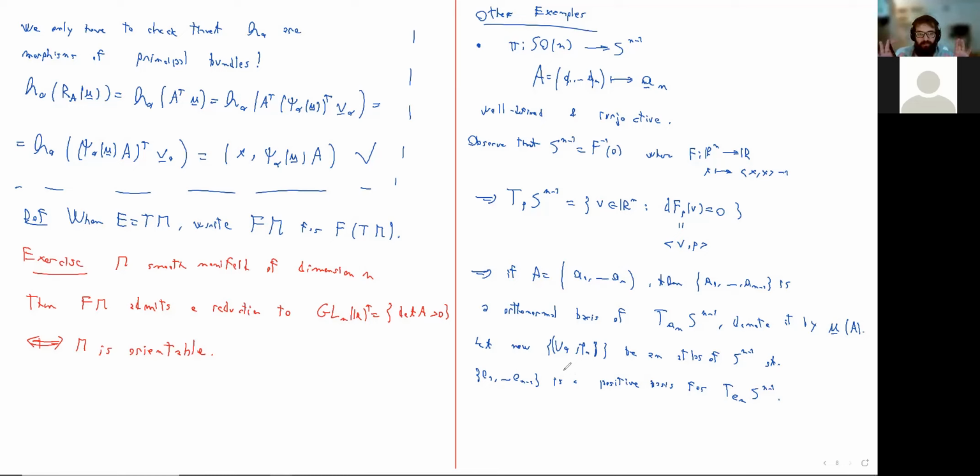Once you have two bases, you can say that they have the same orientation or different orientations. And if you want to specify which one is the positive orientation, you just pick a basis and say, okay, this one and everything which agrees with this one is the positive orientation.